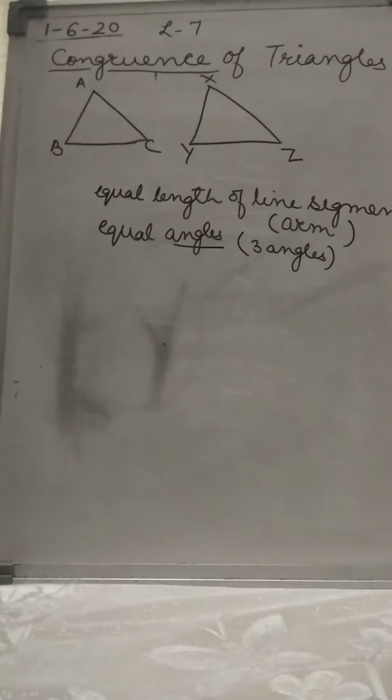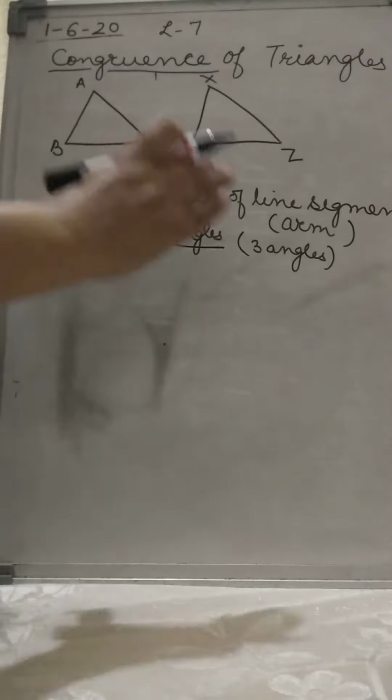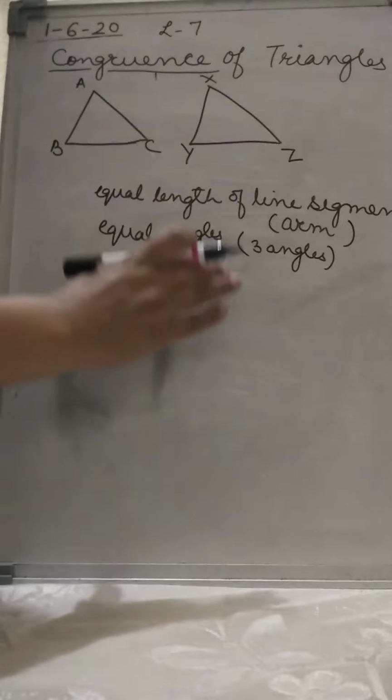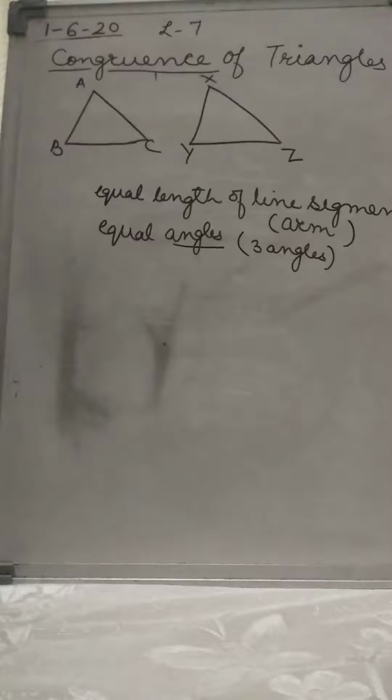We cannot superimpose them on each other. Superimpose also means the same, to keep one on top of the other. Coincide also means the same, that properly length-wise it comes exactly there, neither smaller nor bigger. So these are the new terms: superimpose, coincide.